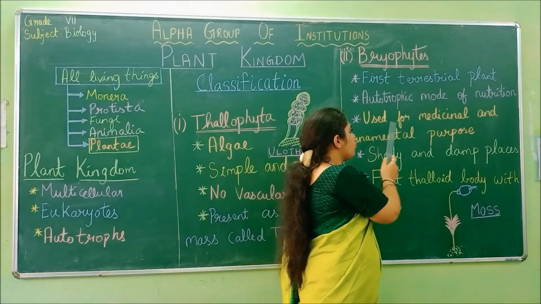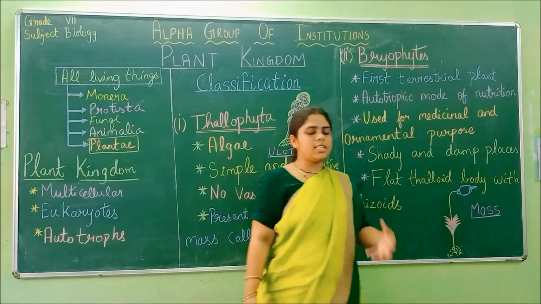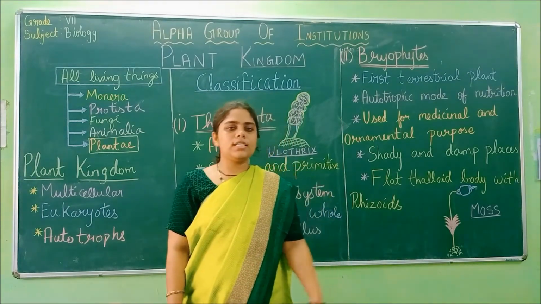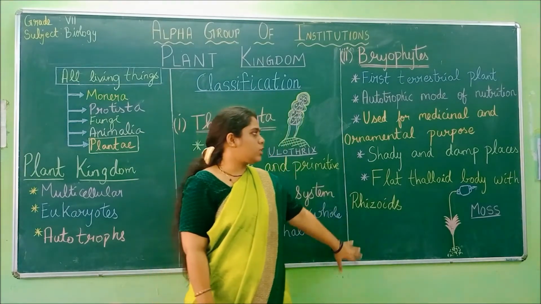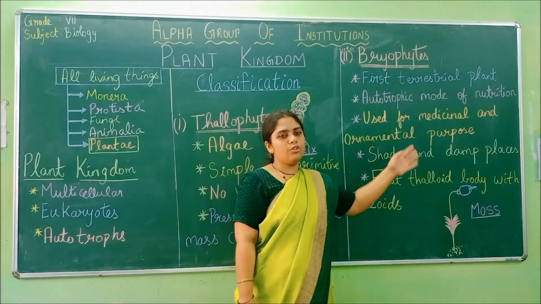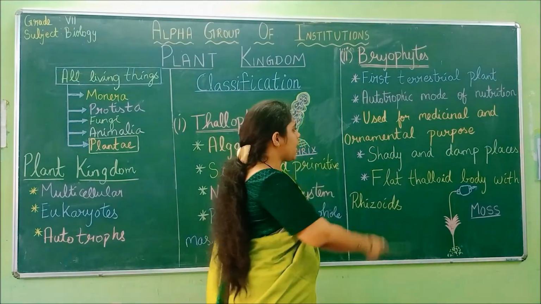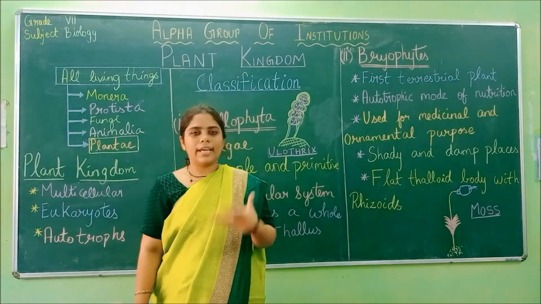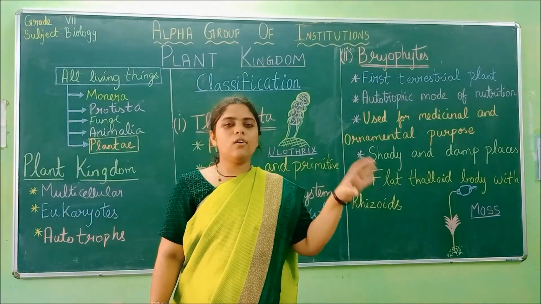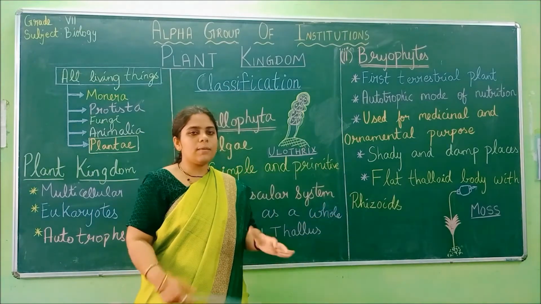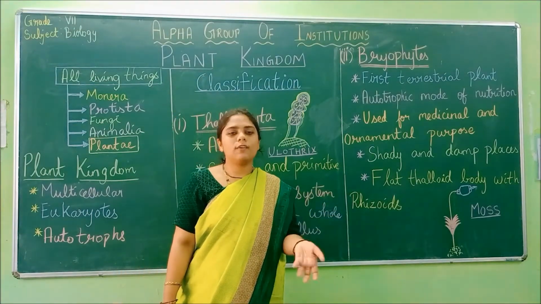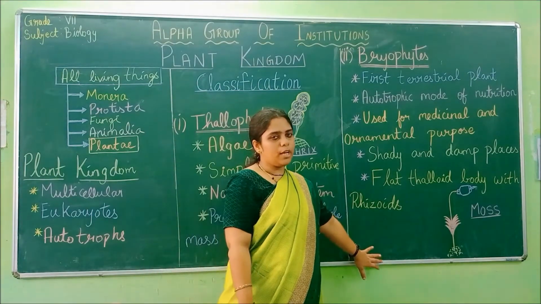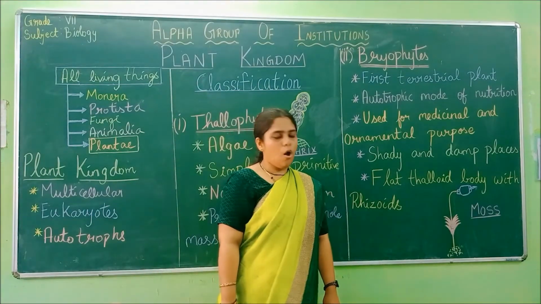Next, they are used for medicinal purposes, for making medicines and extracting chemicals. They are also used for ornamental purposes. Ornamental means for decorating the house, the stages, the places, along with flowers and plants.